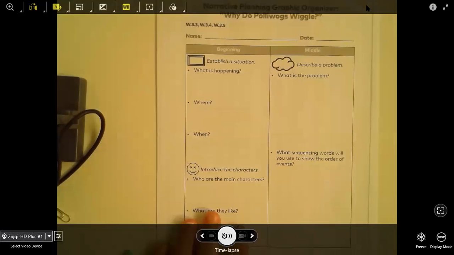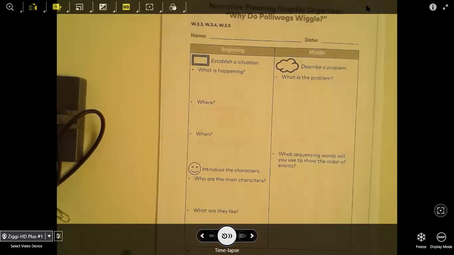So let's give some ideas. I'm going to pick some popsicle sticks. So everybody think of an idea of why you think pollywogs might be wiggling instead of just because they have to. Think about it.